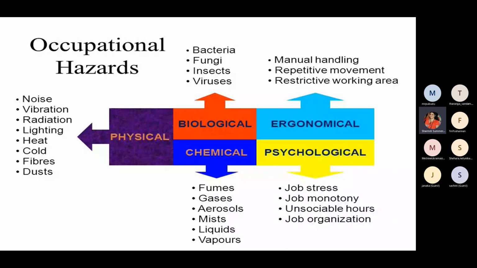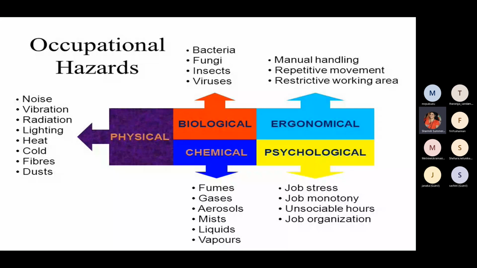Ergonomical hazards relate to the working environment. For example, some activities need to be done with machinery. If there are no machines and you do the activities continuously in a manual way by human manpower, it is going to cause hazards to the individual.